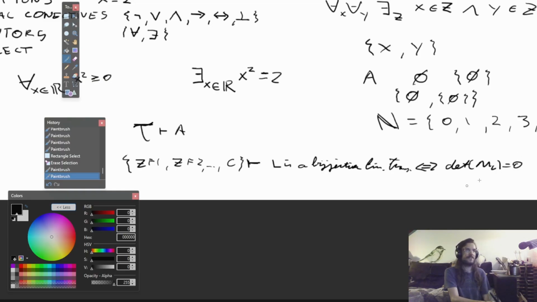This is just a wacky example, but there's a million examples that you can put here of statements in mathematics that you can prove using the laws of logic that we talked about when we talked about proof trees and such.